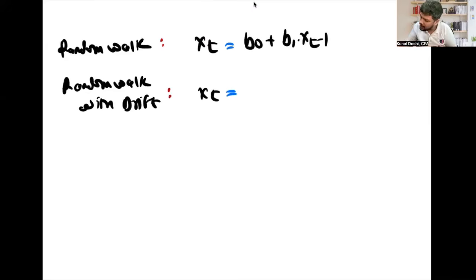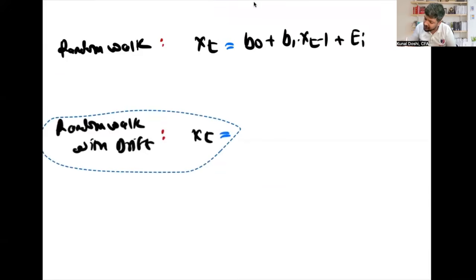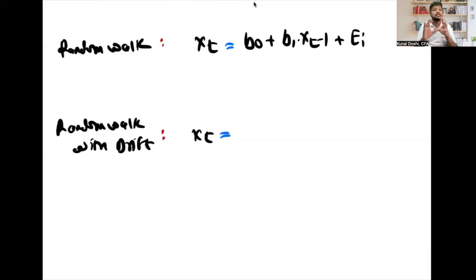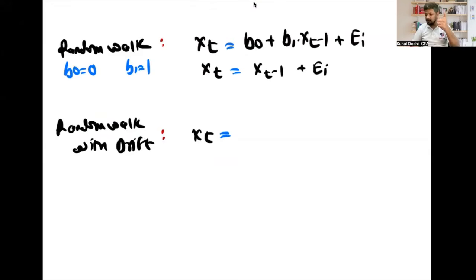And plus error. But guys, in the previous case, when I said random walk, two things which we assumed. What are the two things? That is, B0 was equal to 0 and B1 equals 1. Due to this, the xt got translated into simply xt minus 1 plus error. Are you with me, everyone? Understood this? Please give me a thumbs up if you have.